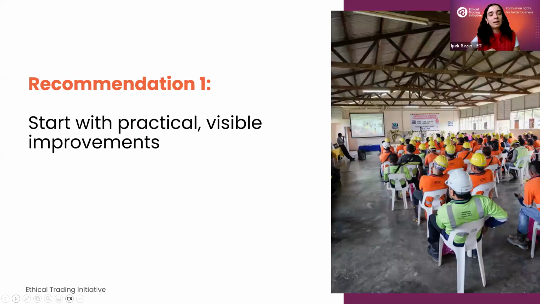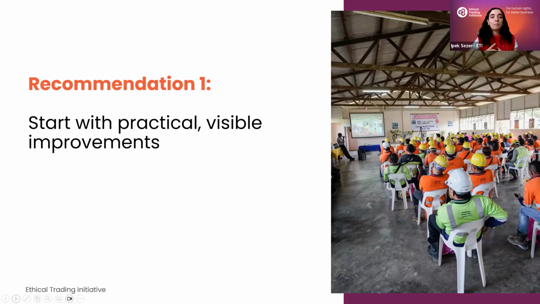Next slide, please. So if we move to the recommendations, one of the key recommendations across all three briefing papers is to start with practical and visible improvements. Small changes can make a significant difference for workers while also helping build trust and management buy-in.